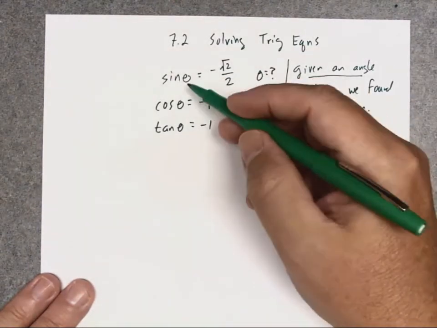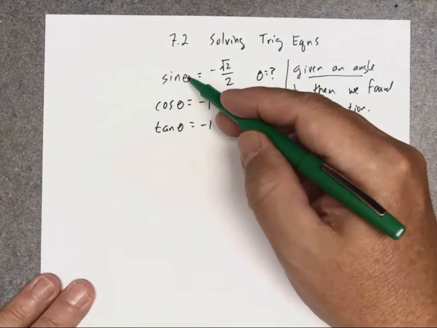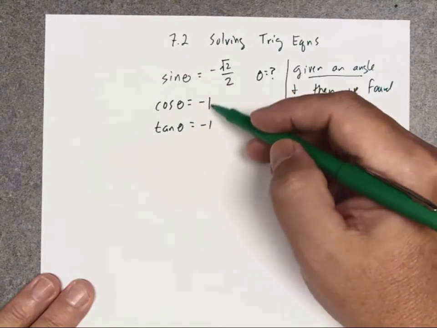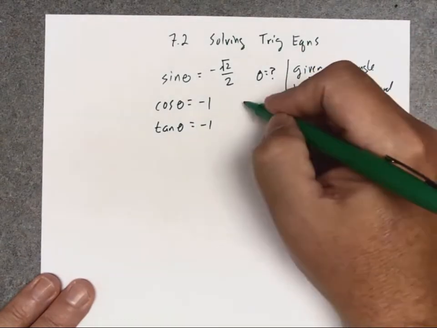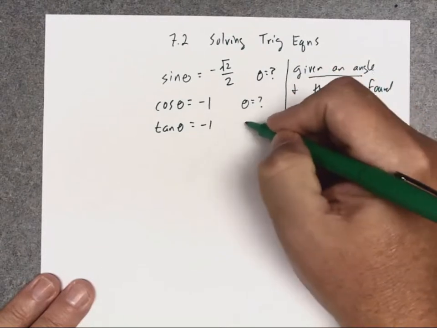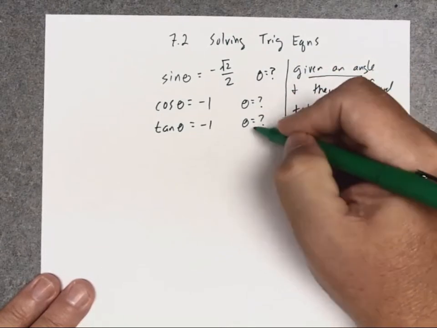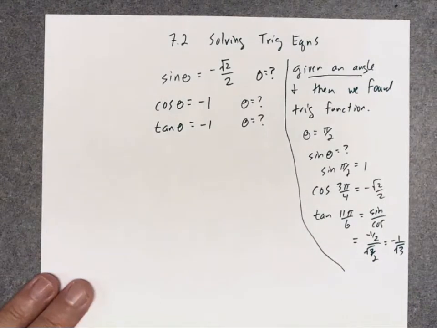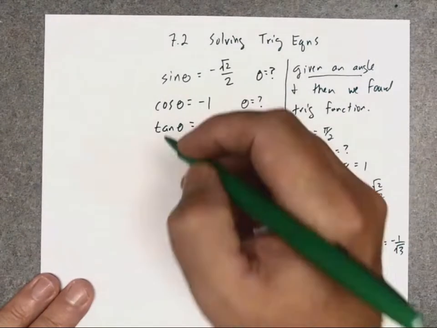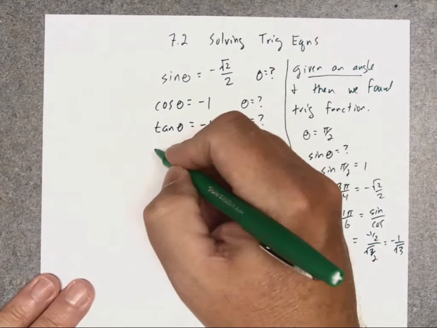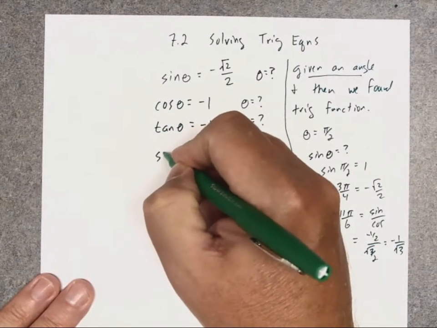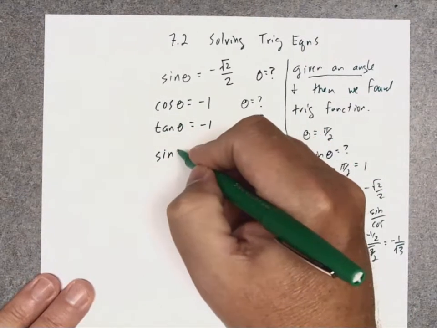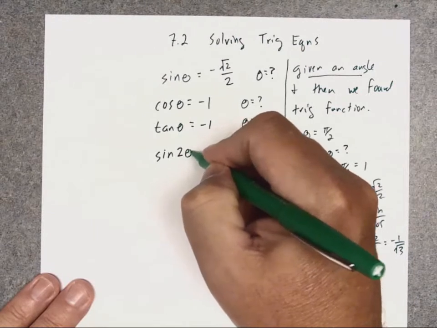So all three of these, we have our trig function, we have our angle theta, and then we have a value. So for each of these, solving these equations means finding the angle that's going to make each one of these equations true.